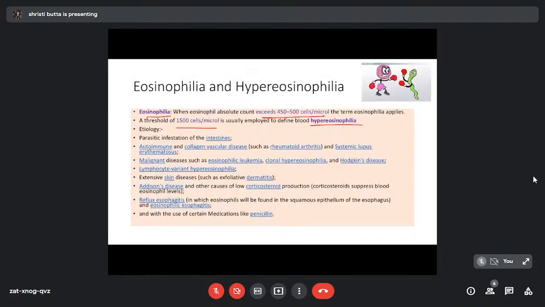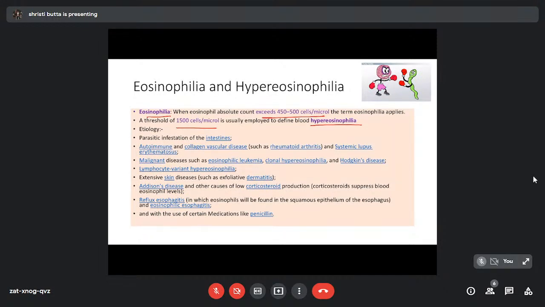We also have a newer thing called the lymphocytic variant hypereosinophilia. We also have skin conditions, dermatitis, Addison's disease and other causes of low corticosteroid production, which suppresses eosinophils, reflux esophagitis, eosinophilic esophagitis, and drugs like penicillin.